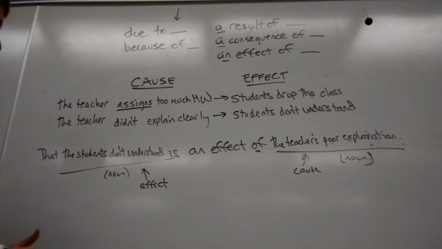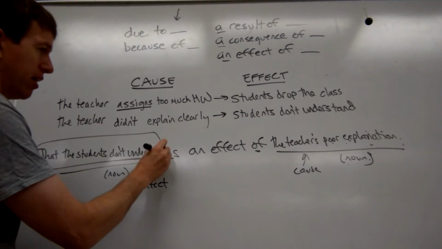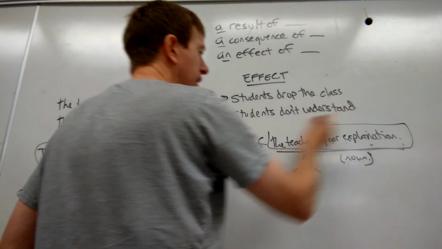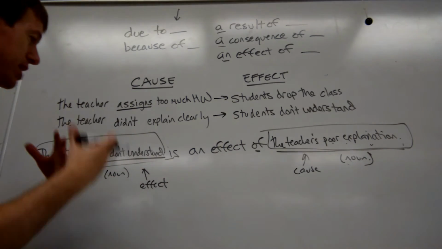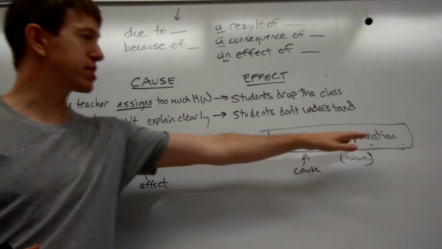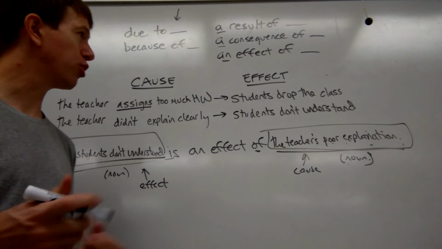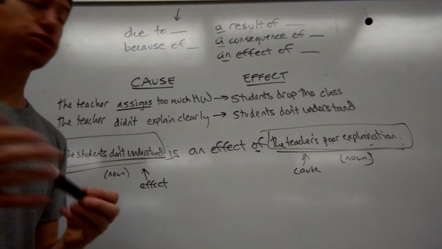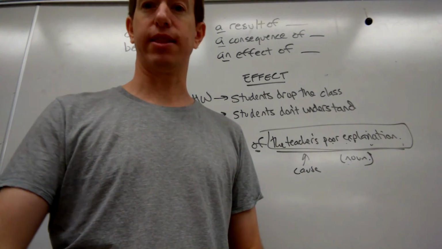The main point to take away is you have to know what part of speech to put here and what part of speech to put here. And once you know that, you have many options. You could use a noun phrase, you could use a noun clause, or you could just use a simple noun like explanation. It's up to you, but make sure that you know how to put in the right part of speech. And let me know if you have questions on this. Thank you.